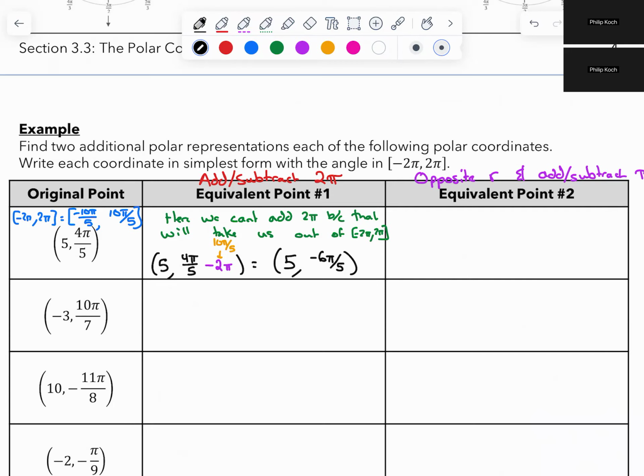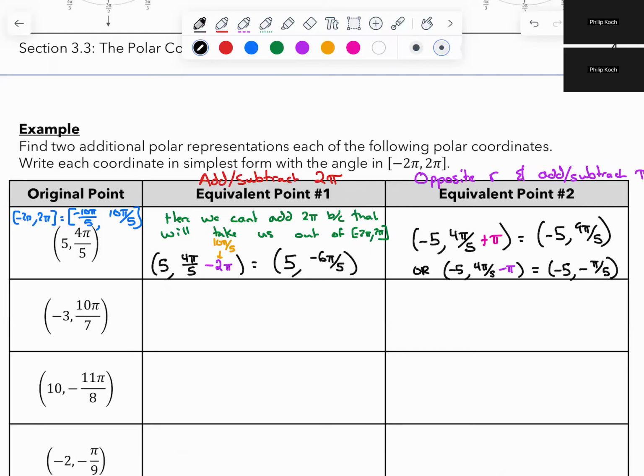So this one will make it a negative 5 now, and we'll take that 4 pi over 5 and add pi to give us negative 5 comma 9 pi over 5, or you could do negative 5, 4 pi over 5 minus pi, and get negative 5 comma negative pi over 5. Either one would be fine.